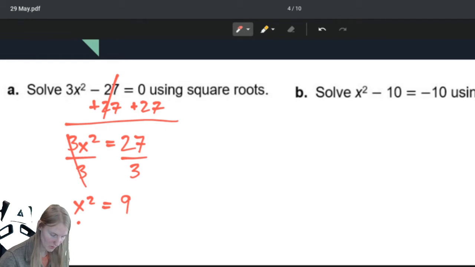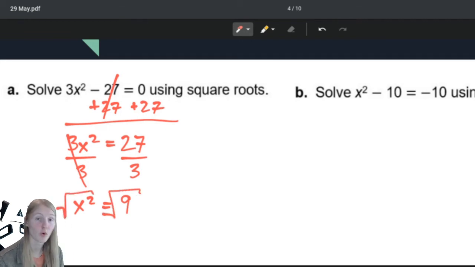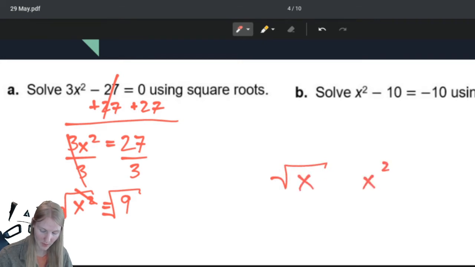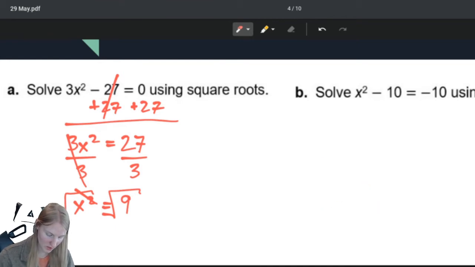Well, what we're going to do is we're going to take the square root of both sides, just like we did back in chapter 6. These go away. Remember, the square root is the opposite of x squared. These are opposites. So I'm going to take the square root of both sides, and now, we didn't talk about this in chapter 6.